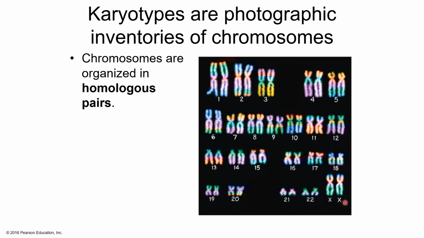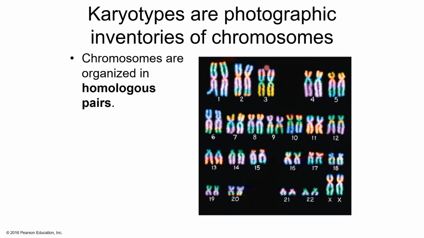The last pair, we call it the sex chromosome pair, because it's going to identify the gender of the individual. If the individual is carrying 2 X chromosomes, then it's a female. If they are carrying 1 X and 1 Y chromosome, then it would be a male.